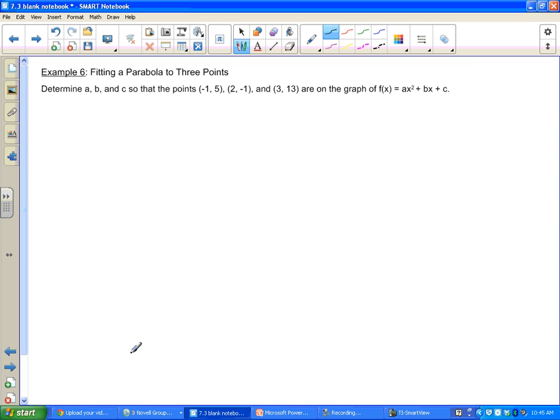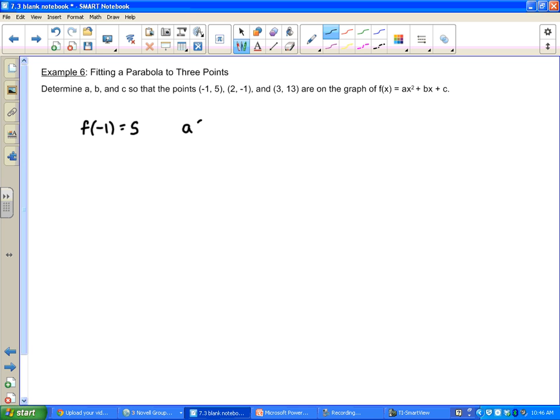One is fitting a parabola to 3 points. Determine A, B, and C so that the points -1, 5, 2, -1, and 3, 13 are on the graph of f of x equals ax squared plus bx plus c. So what is happening here is they're telling us that if x is -1, then y is 5, or f of x is 5. And so what we can do is actually plug in our x's.